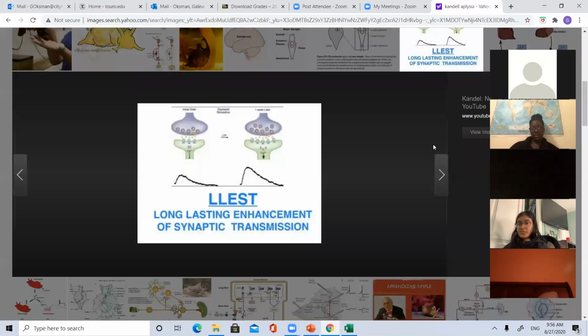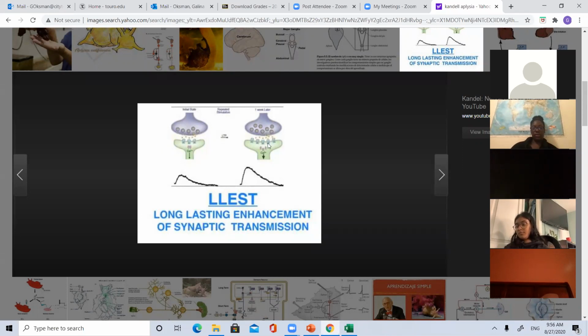So this is one neuron, this is another neuron, right? What he was basically able to show is that once you teach Aplysia to respond to a particular stimulation over time, do you see the difference? This is called a neurotransmitter. This is called a receptor. Can you see what happens between the two cells?